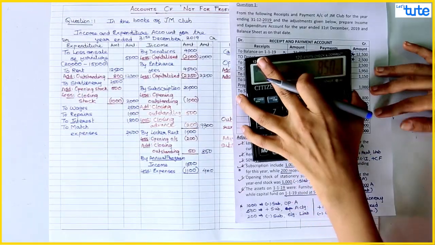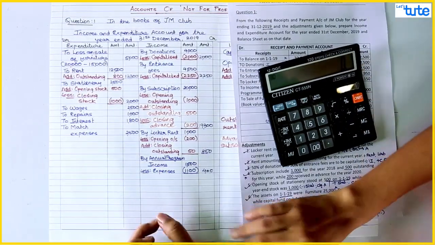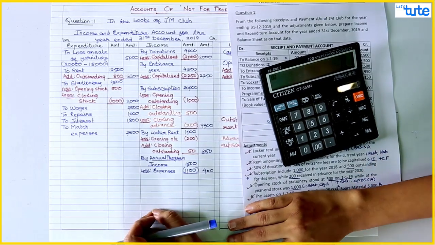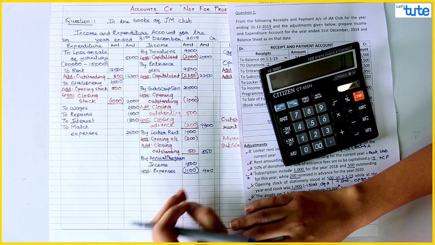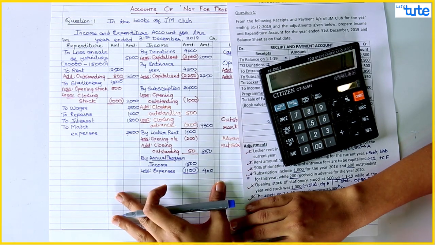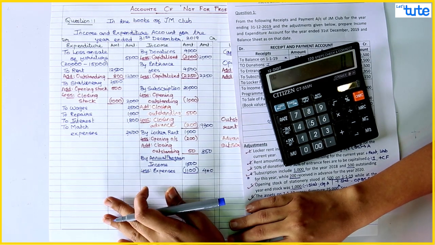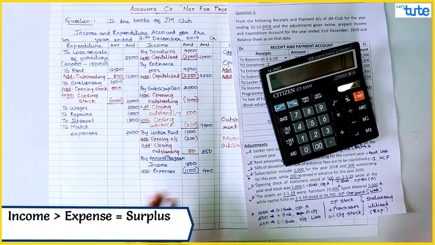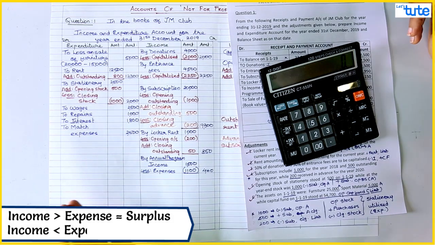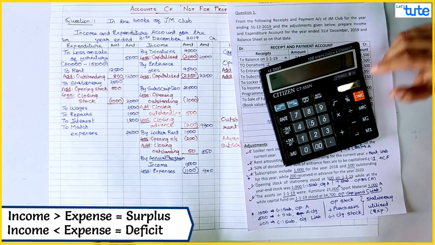Now start totaling. How will you total? First of all, you will total your income and expenditure account just like your P&L account. And in your P&L account, what do you find? Net profit or net loss? Over here, since this is not a profit making concern, we term this as surplus or deficit. If your income is more, that is your surplus, and if your expenditure is more, that is your deficit.